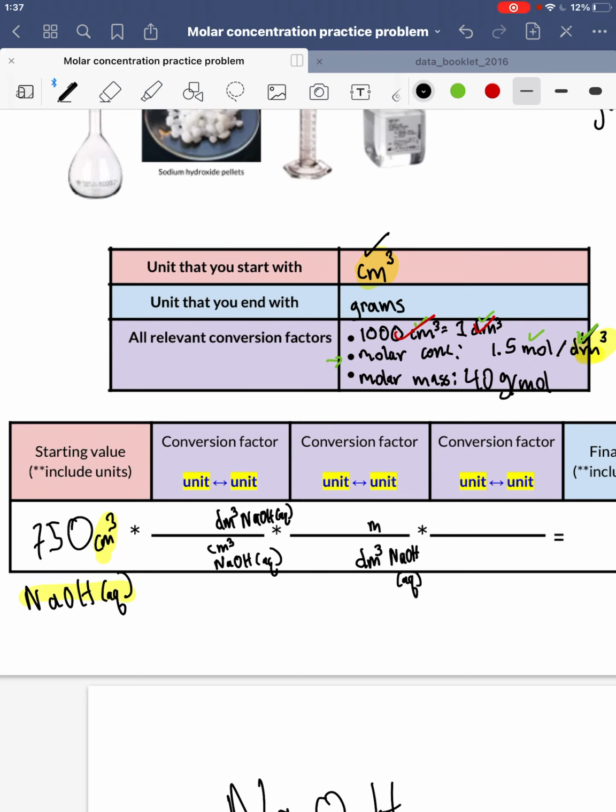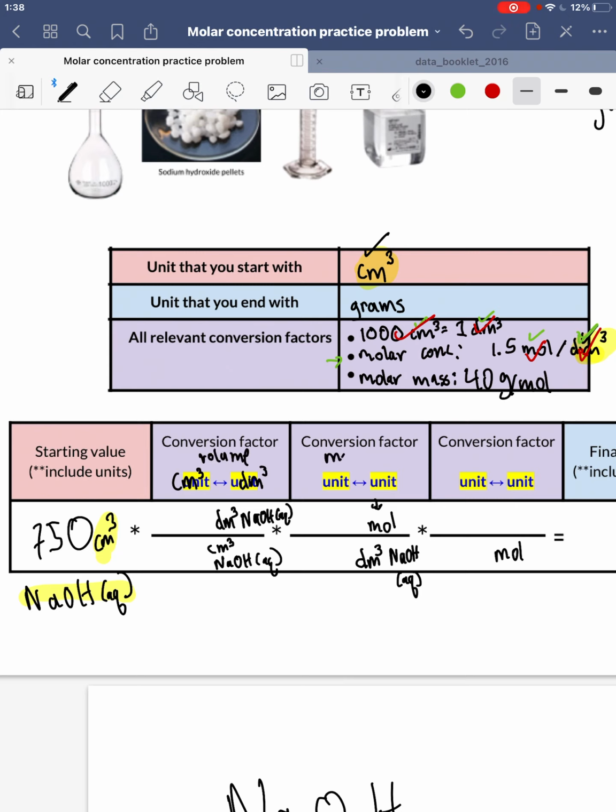Decimeters, moles. Why did I just put moles? Well, because I see in my next conversion factor of decimeters cubed, and I'm going to translate those to moles. If I have moles in the top of my conversion factor, in the next conversion factor, I've used my volume concentrations, my cm cubed to dm cubed, my volume.